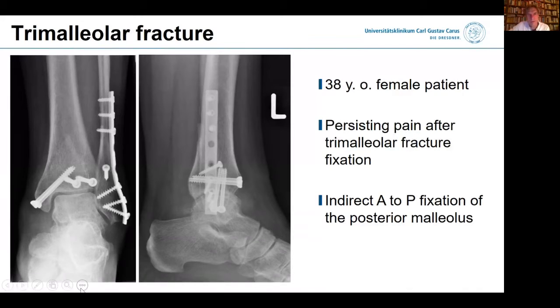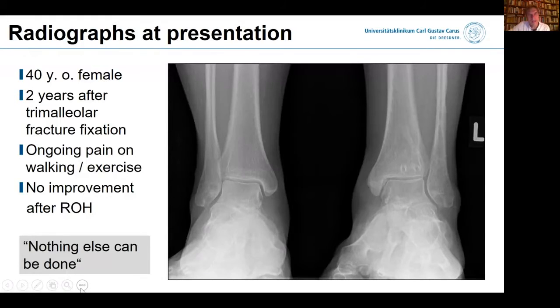You can see the posterior malleolus was fixed in a classical way, indirectly from A to P with screws that were meant to be compression screws, partially threaded and cannulated ones. Then the German solution, taking the hardware out when the patient still has pain, but there was no improvement.